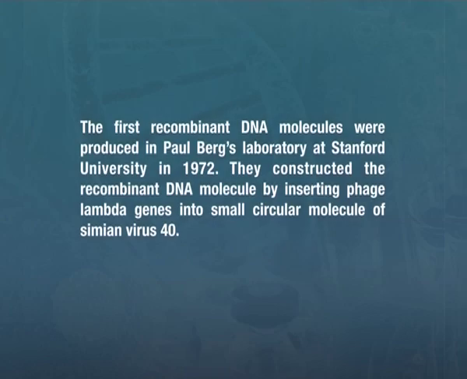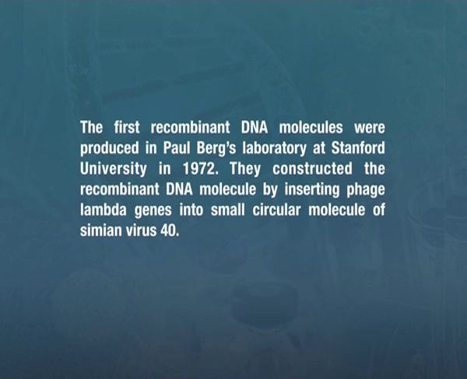This ability of the geneticist to construct desired recombinant molecules at will is the basis of the recombinant DNA technology that has revolutionized molecular biology in the last 3 decades. The first recombinant DNA molecules were produced in Paul Berg's laboratory at Stanford University in 1972.